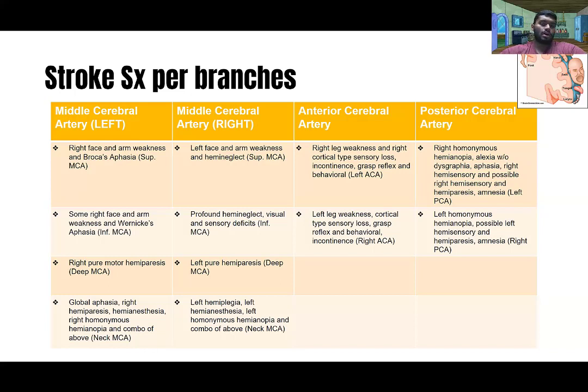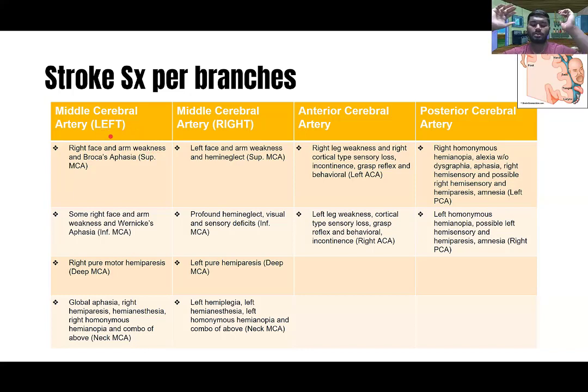Because Broca's area is in the frontal lobe, where the left superior M2 branch of the MCA is, that's why you would get Broca's aphasia, because of death of the associated tissue. Moving on, by the way, it'll be right-sided face and arm weakness, even though it's the left MCA, because these things are contralateral, right?